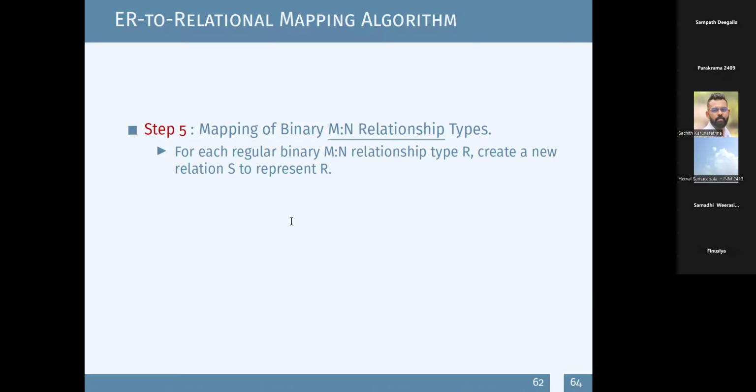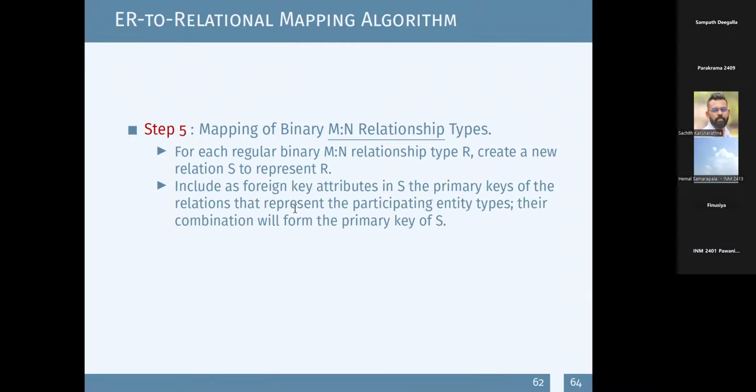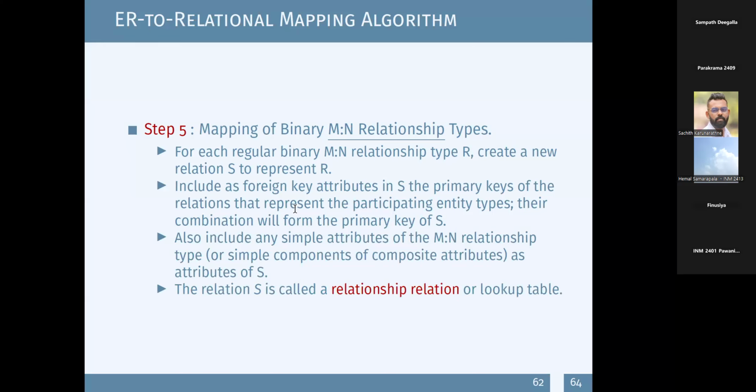So in this particular case, if you take employee and project, one employee can work for many projects, and on the other side, a project can have many employees. So it will be a many-to-many relation. The idea is you create a separate relation for this and include both the primary keys, and the combination will give you the primary key for the separate relation, right?